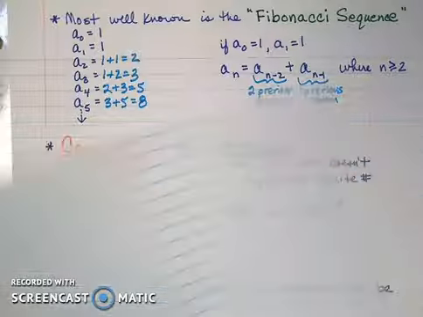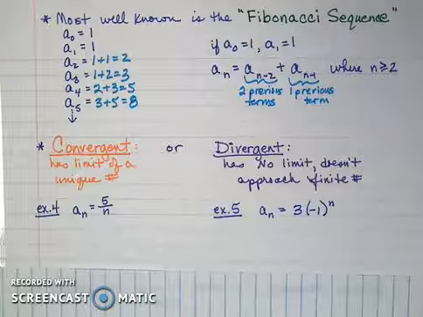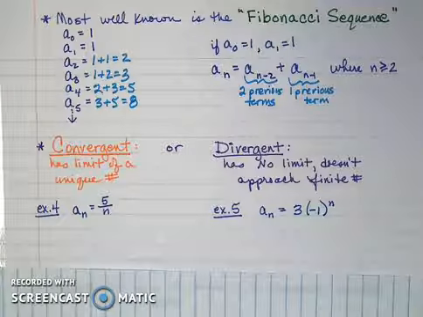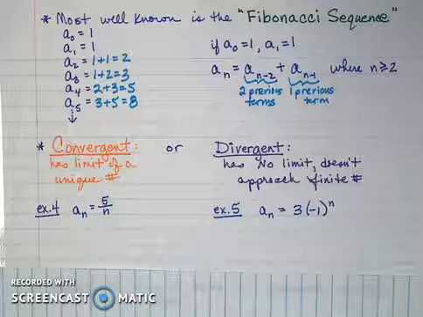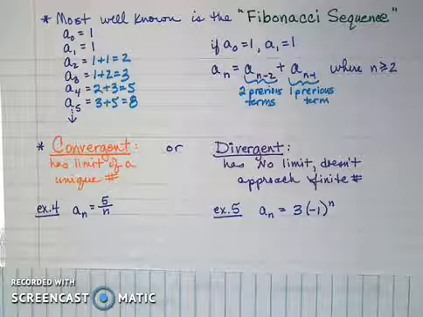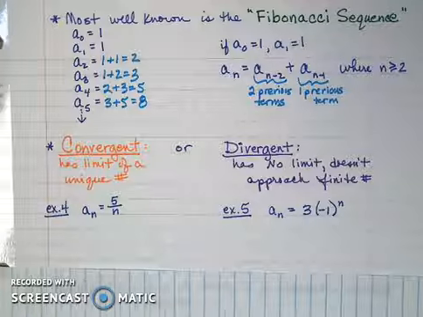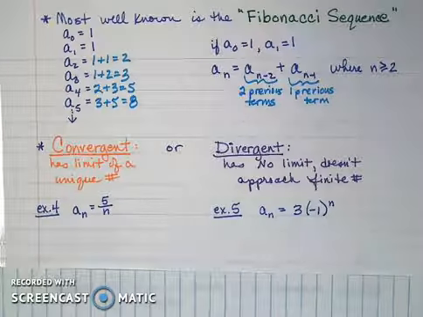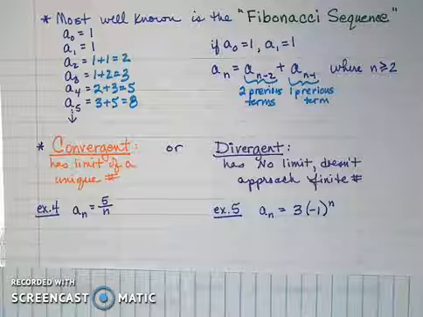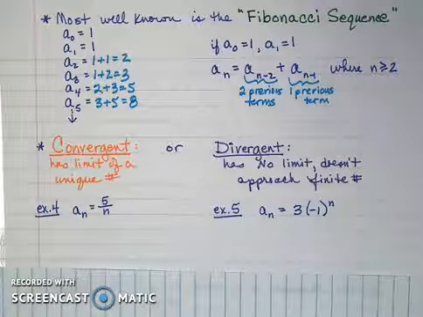All right, when you are talking about sequences, you can also talk about whether they converge on a single unique number or whether they are what's called divergent, and they have no limit. They tend to go in opposite directions, and they don't converge on one number. And you can tell this by looking at the graph very often.